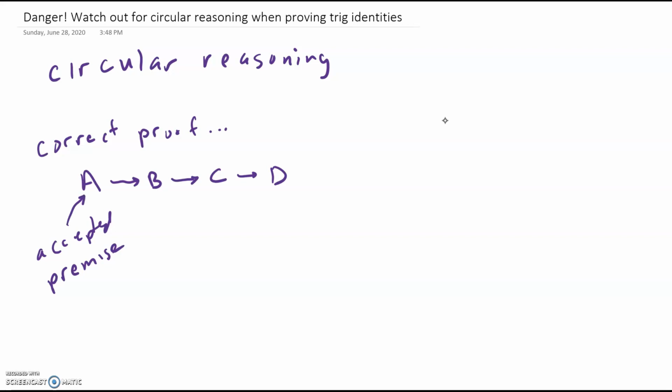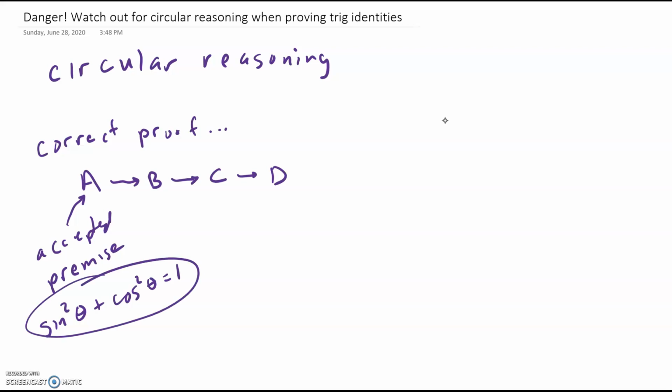You start off with something that's generally assumed to be true, like sine squared plus cosine squared equals 1. That's a generally accepted fact that everyone accepts to be true, and from there you say the next thing is true, next thing is true, and so forth.